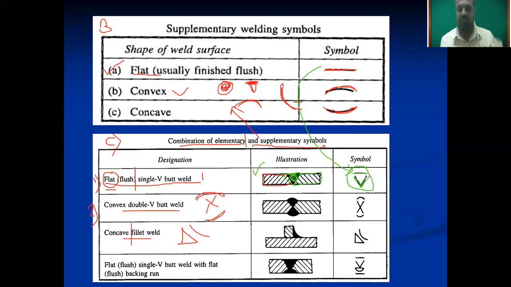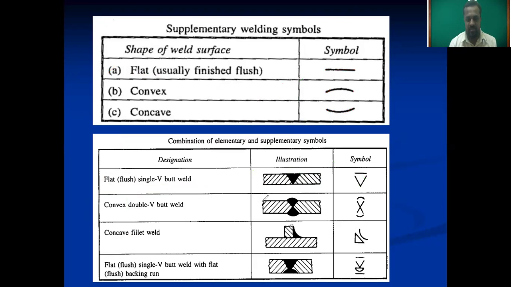It indicates a V butt weld with flat surface. Understood? Yes. Now see, in a similar manner, convex double V. Okay, see, this is plate number 1.